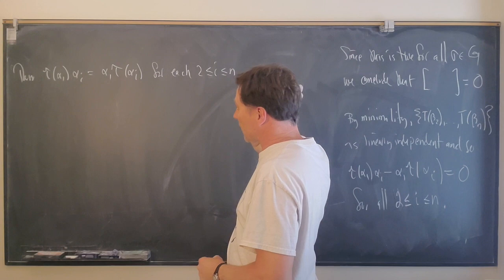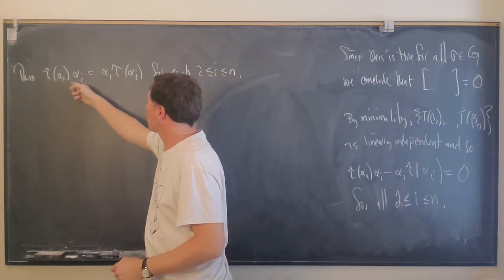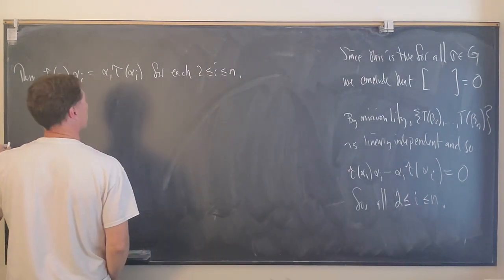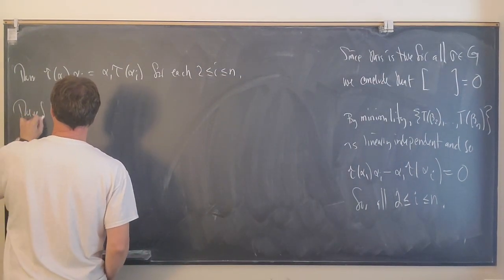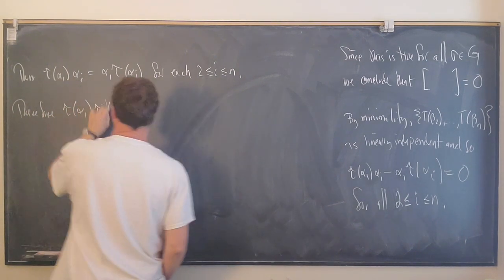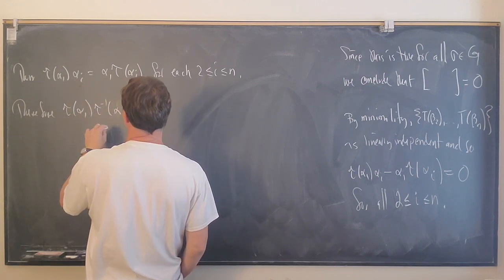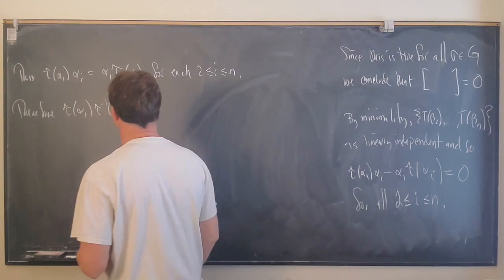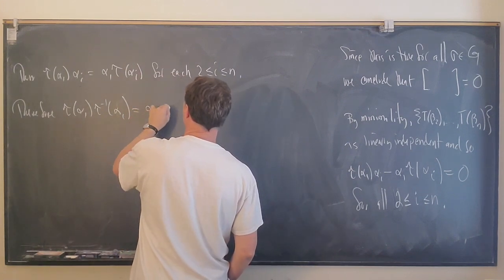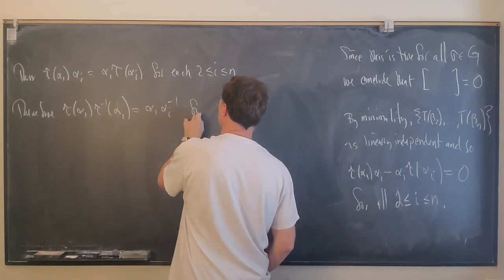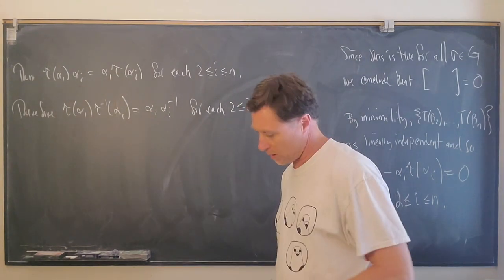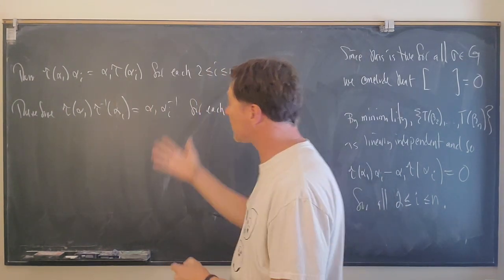Now what I'm going to do is multiply by alpha I inverse and tau inverse of alpha I. And so this will give us, therefore, tau alpha 1 tau inverse alpha I is equal to alpha 1 alpha I inverse for each 2 less than or equal to I less than or equal to n. Fine. And then join it together on this side.